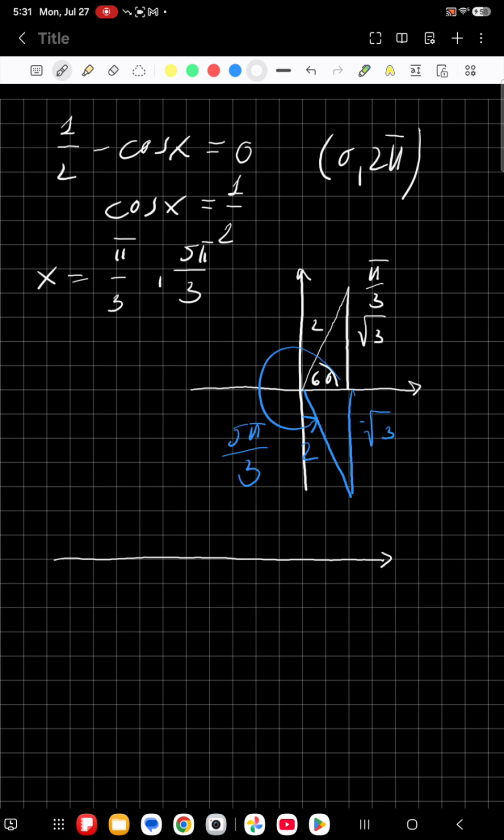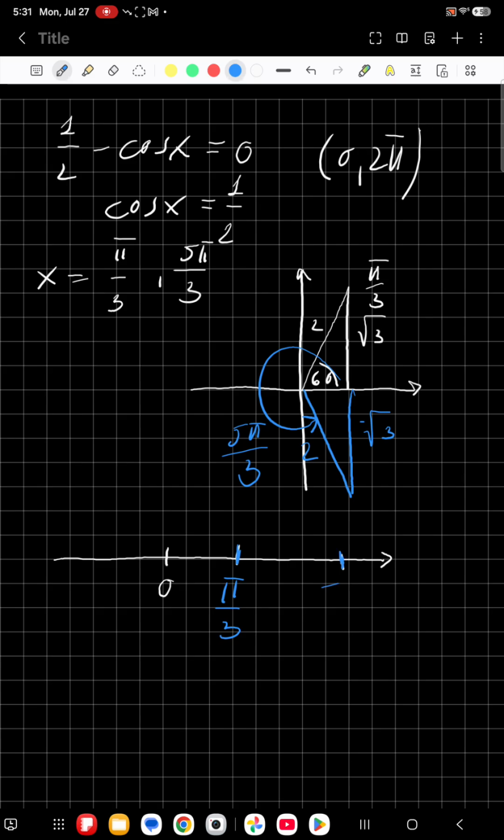Okay, so let's put 0 here. Now this is pi over 3. And here we have 5 pi over 3. Okay, so critical numbers were blue, so let's just make it blue. So this was pi over 3.